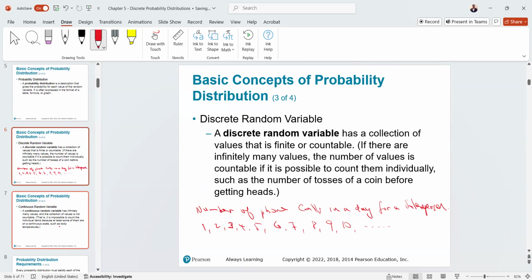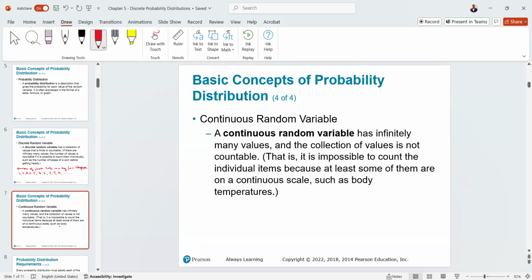Those are discrete random variables. If there are infinitely many values, the number of values is countable if it is possible to count them individually, such as the number of tosses of a coin before getting heads.